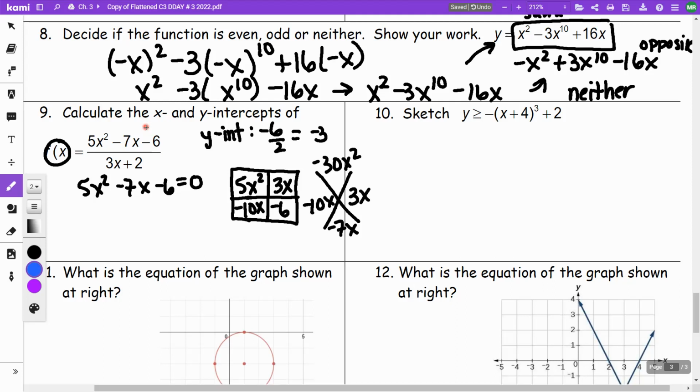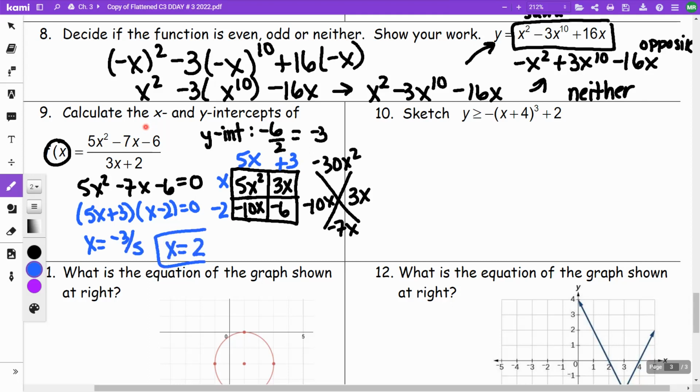So I'm going to have 5 here, 1 here. So x plus 3, 5x times a -2. So I'm going to have a 5x plus 3 and an x minus 2 equals 0. So my one x-intercept is going to be a -3/5. Another x-intercept is going to be a 2. So those are my x-intercepts, and my y-intercept is -3.